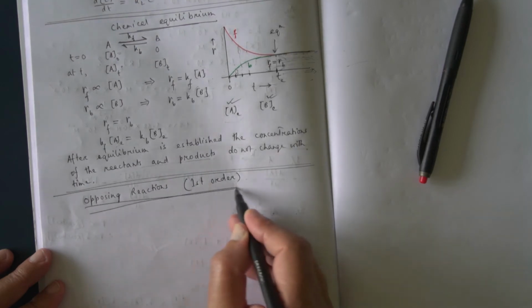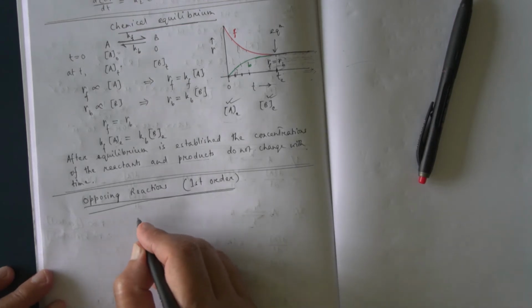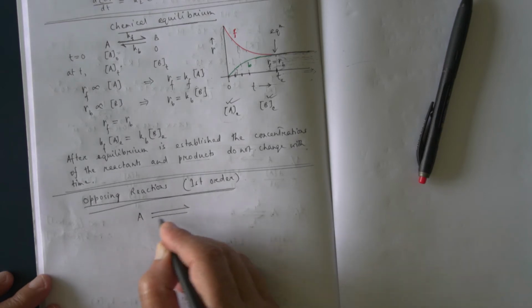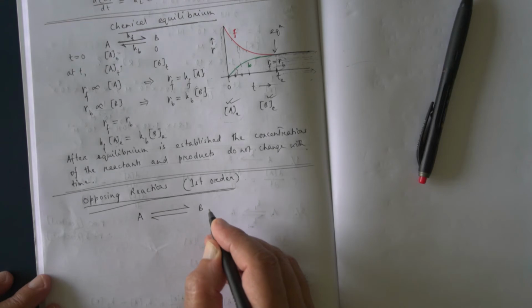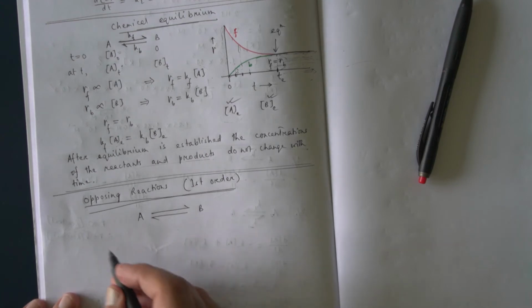So we'll discuss first order opposing reactions or reversible reactions. First order. Well, as before, let us consider this as if this is a first order reversible reaction or opposing reaction.